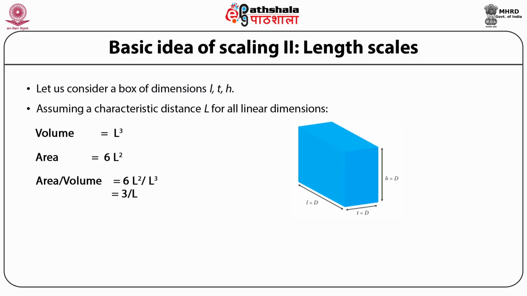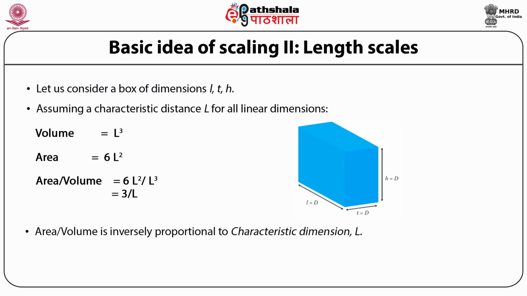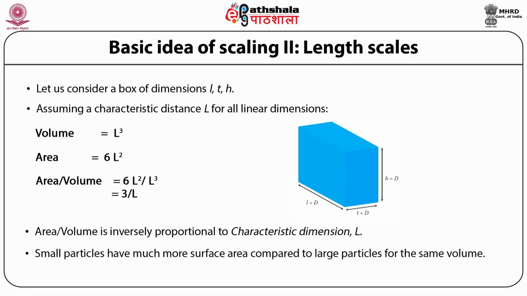Now if we divide the area by volume, it is inversely proportional to the characteristic dimension L. So small particles have much more surface area compared to large particles for the same volume.